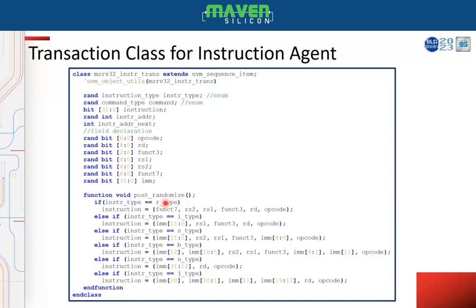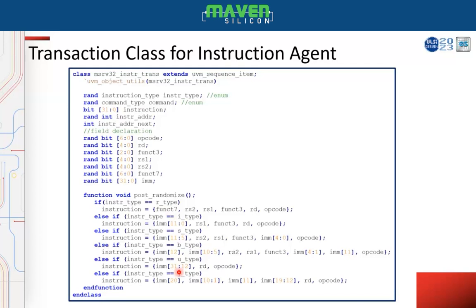For an R-type instruction, we concatenate funct7, RS2, RS1, funct3, RD and opcode. For an I-type, instead of funct7 and RS2, we concatenate the 12-bit wide IMM value. This is how we have used the post randomize function to generate the 32-bit instruction.